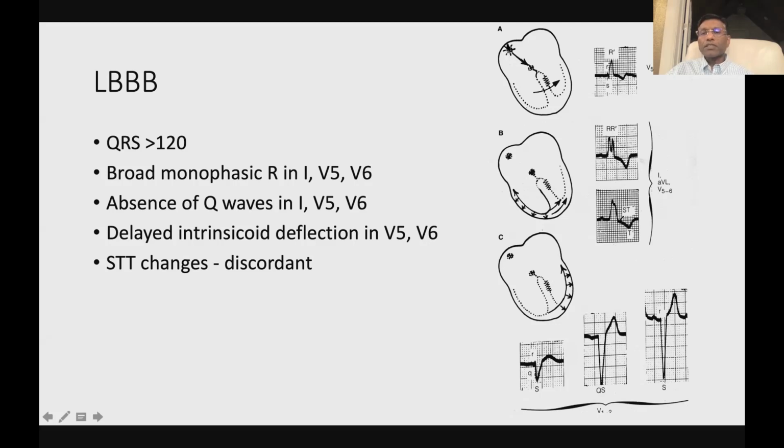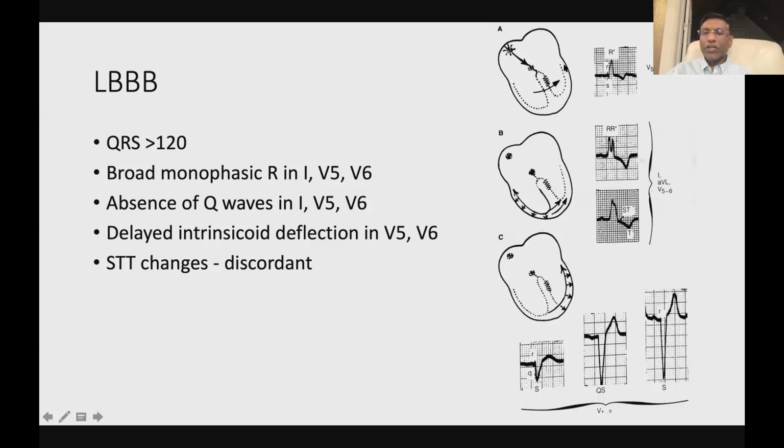Okay, you have conduction that goes normally from the sinus node to the AV node. And then once it works its way down into the septum, remember that normal activation is left to right. But if you have the left bundle branch blocked, then activation of the septum is right to left. So when you look from the left-sided leads, in a normal EKG you will see left to right activation of the septum.